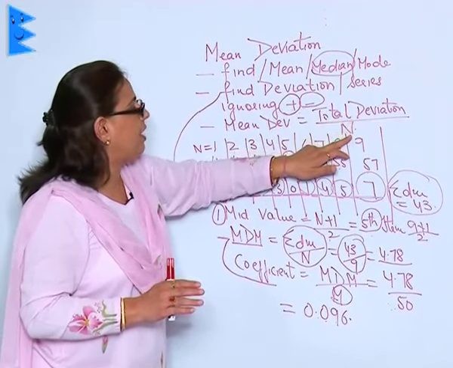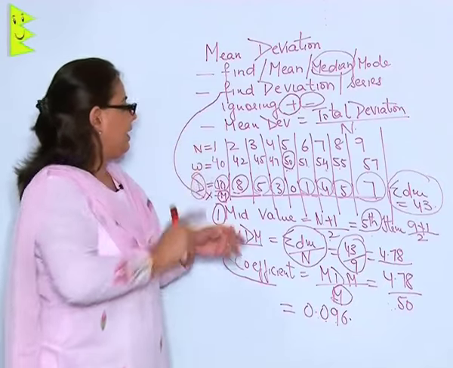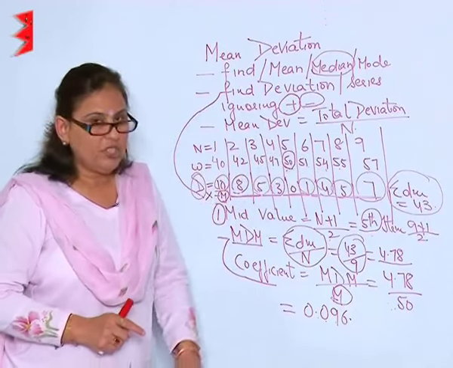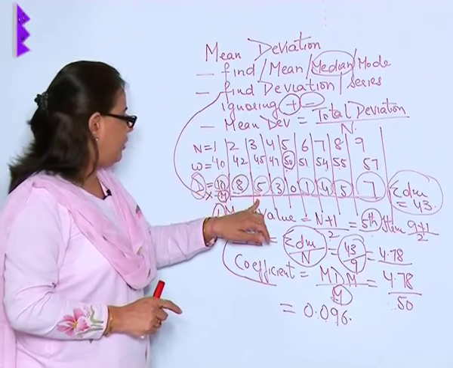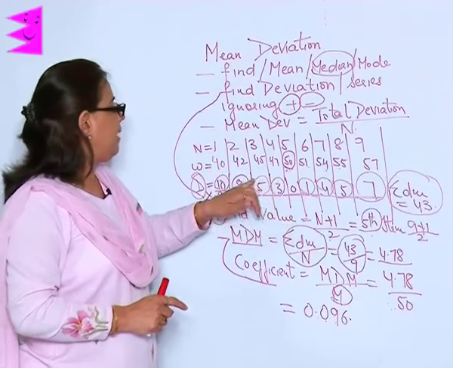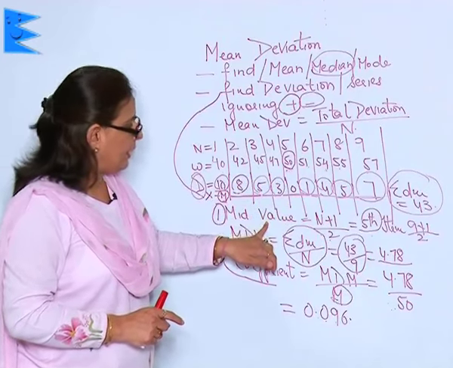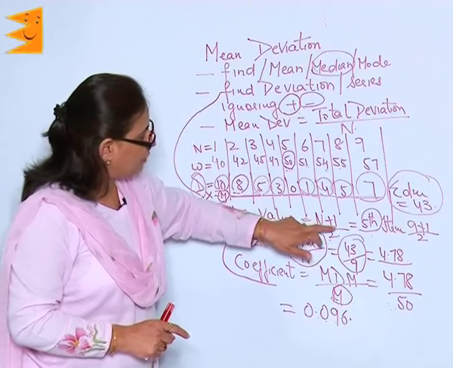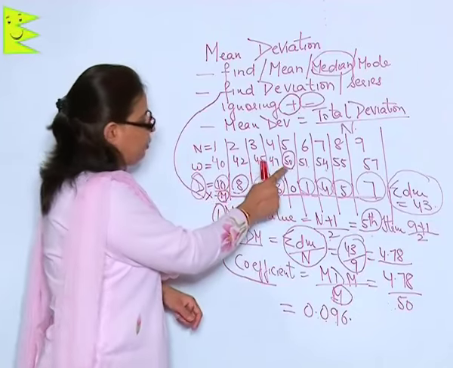Here the series that we had was that there are 9 workers drawing this salary, and I had to find out the deviation, and to find out the deviation the formula which I used is x minus M. That means the mid value has to be calculated, and when I calculated the mid value by taking the number of observations plus 1 upon 2, it came to the 5th item, which means 50.